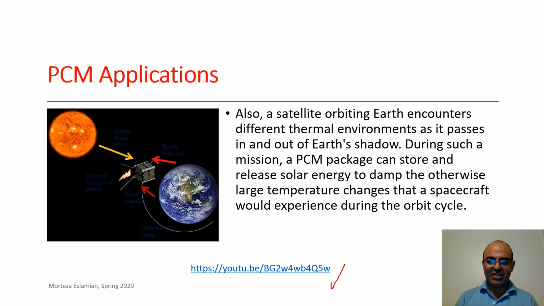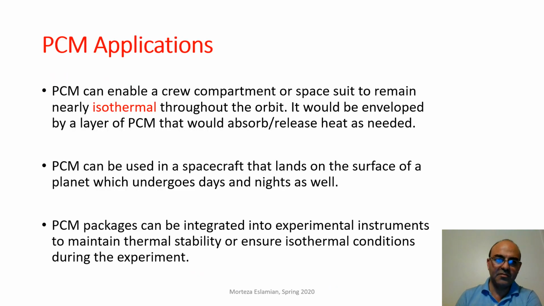And then when there is no sunlight, the energy of the battery will be used to turn on multiple heaters in order to keep the temperature of the spacecraft's multiple components in the allowable limit. So PCM is like a battery which stores heat directly, not electricity.